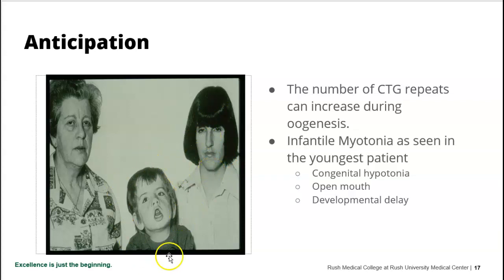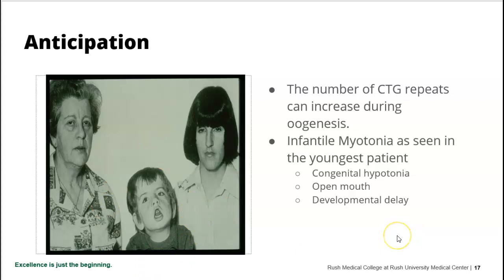And then this baby is born with severe hypotonia, and you can see his mouth is open. So they have congenital hypotonia, open mouth, and cognitive delays. Individuals with greater than 300-400 repeats usually have some mild delays, but this is a more significant cognitive delay.